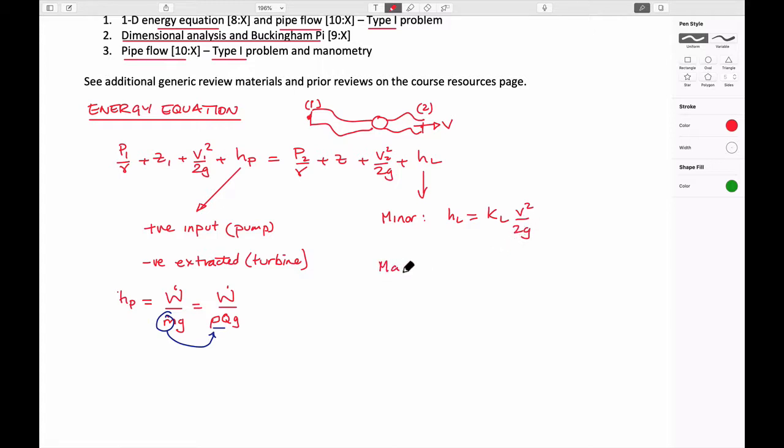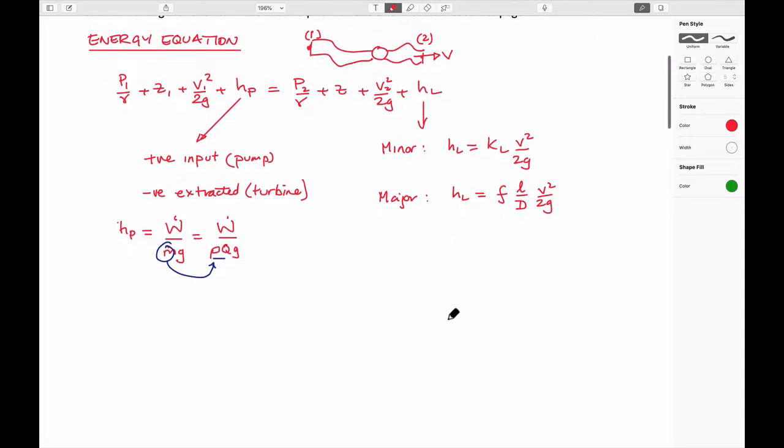And the major losses are the losses that are incrementally small but occur over a long length of pipe, and those would be given by a friction factor, the length of the pipe divided by its diameter, and the velocity head term within that pipe. So those typically define the behavior in a pipe.